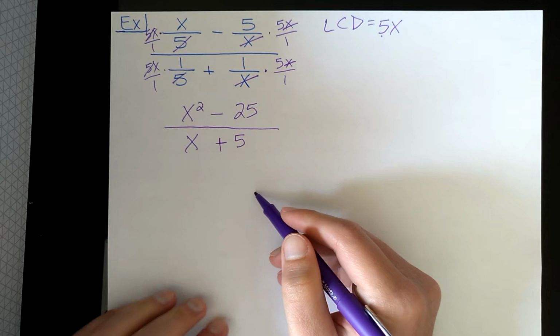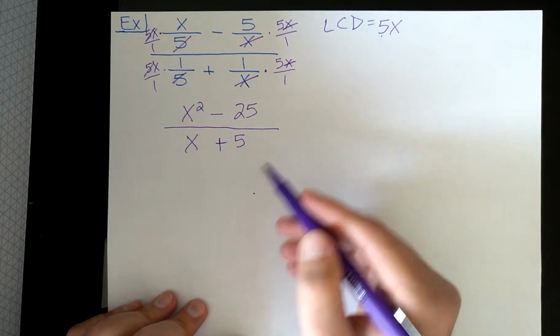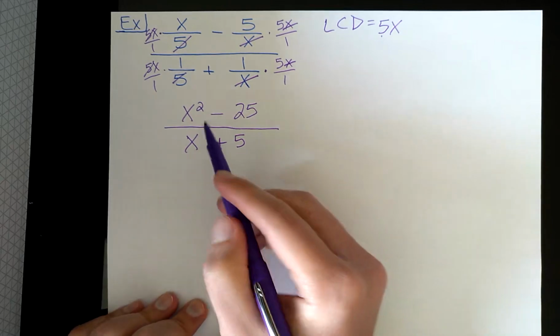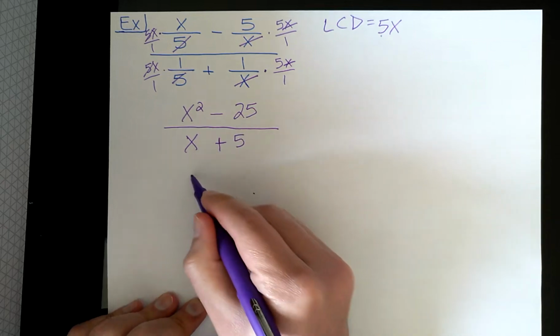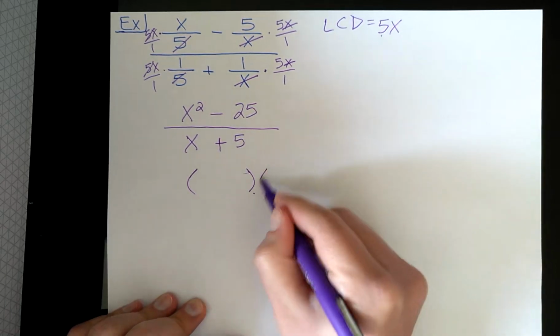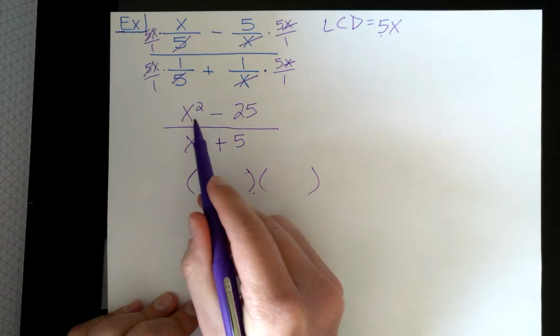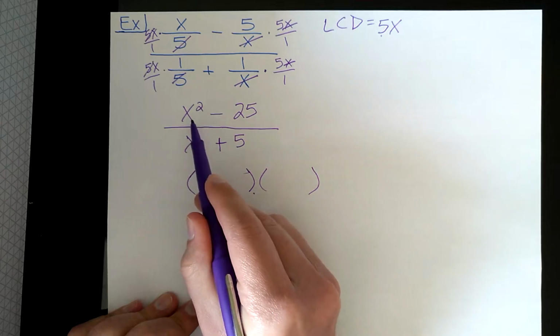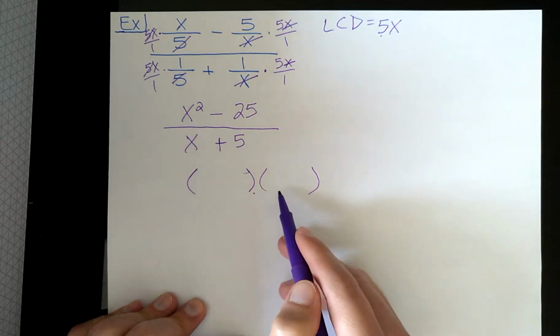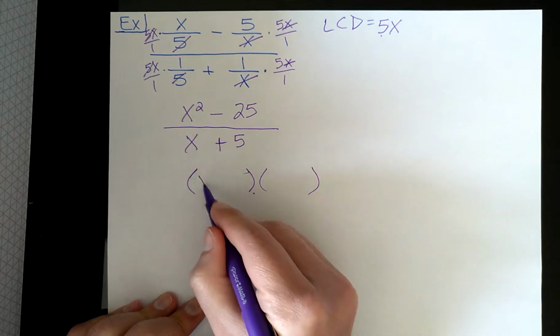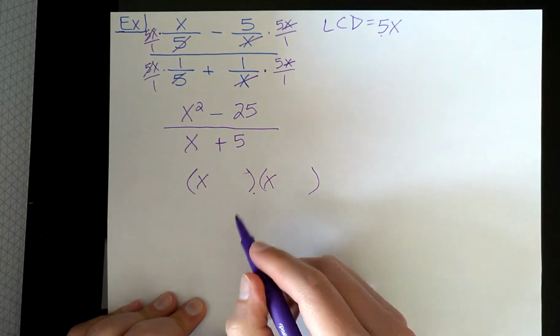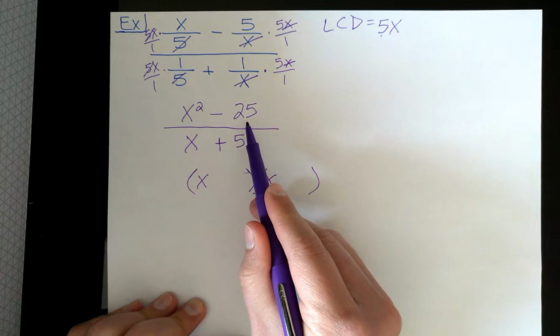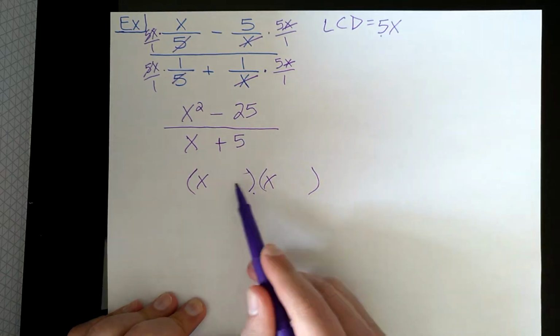This is no longer a complex rational expression, so we will just factor and simplify. X squared minus 25 is a difference of squares. We take the square root of the first term and put it in each of our first terms. The square root of x squared is x. We then take the square root of 25 and put it in each of our second terms.